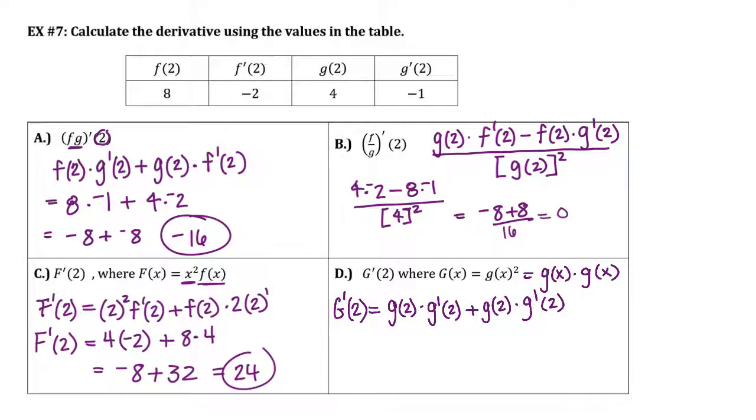And so if we really have the same value here doubled, it's almost like it's twice that amount. So let's see, g at 2 is 4 times g prime at 2 is -1 plus -1 times 4. So it looks like you're going to get -8 here.